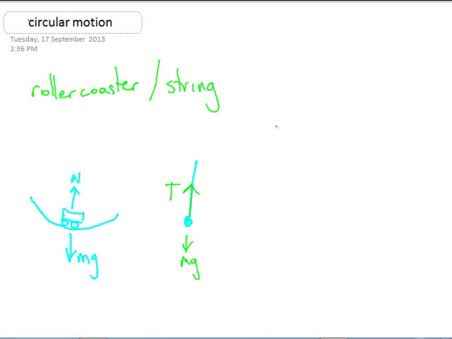The net force that's causing the circular motion is your centripetal force.